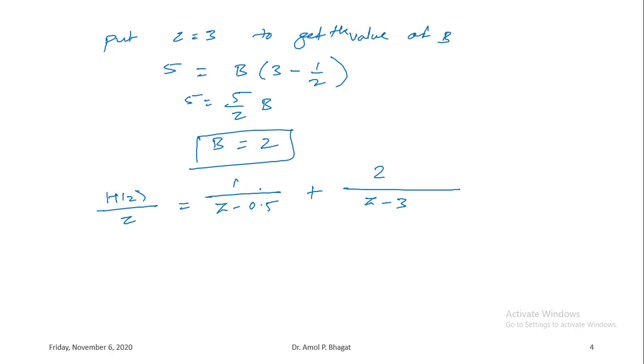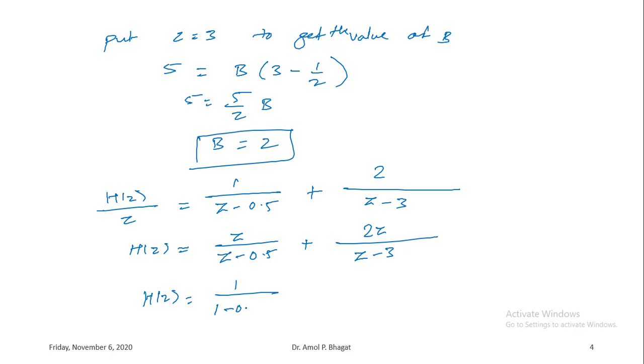Now I can set this z on the right hand side, so I'll get H of z is equal to z upon z minus 0.5 plus 2z upon z minus 3. Setting this z in the denominator, I'll get H of z is equal to 1 upon 1 minus 0.5 z inverse plus 2 upon 1 minus 3z inverse, right? So this is the required partial fraction expansion.